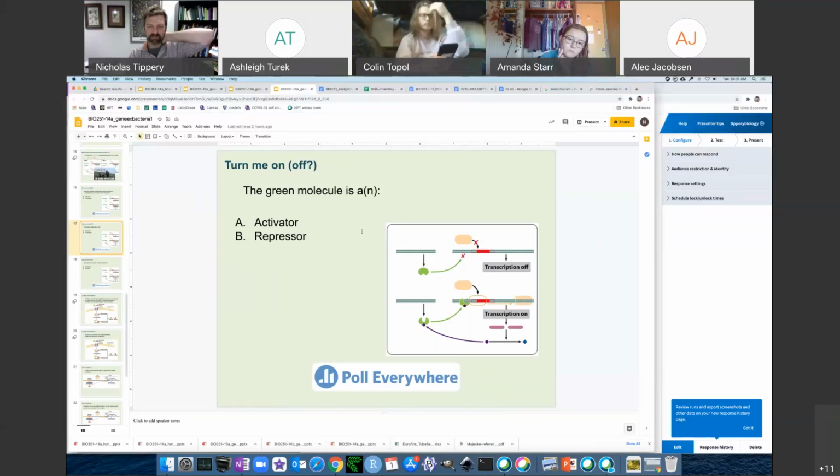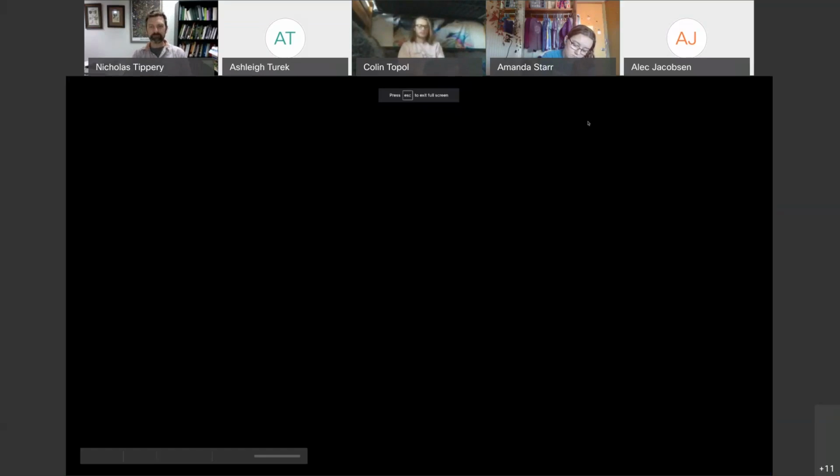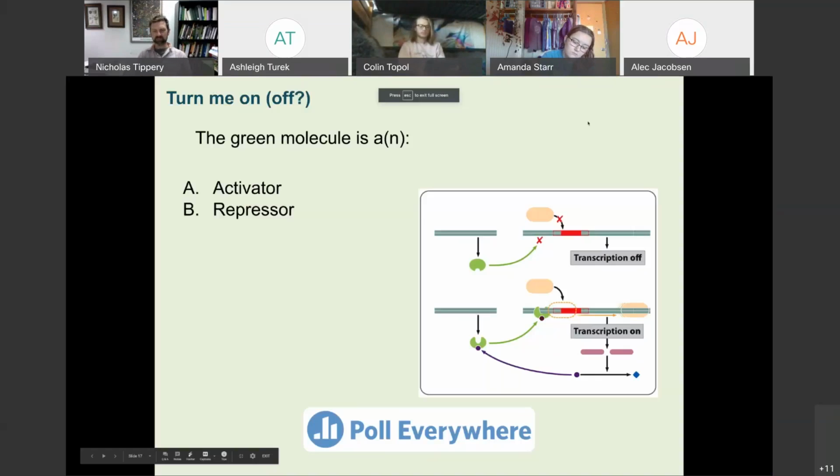I got to change the colors on these. This one, it comes away too easy because the color coding the book uses is green for activator and red for repressor. So I'll just give you the answer to this one. But we'll talk about why it's an activator maybe. So this is an activator molecule because when it attaches to the DNA, that causes transcription to happen.